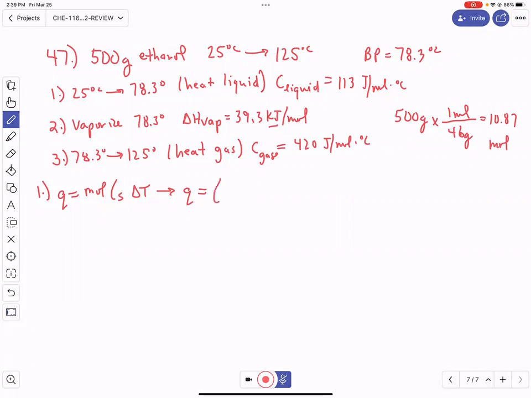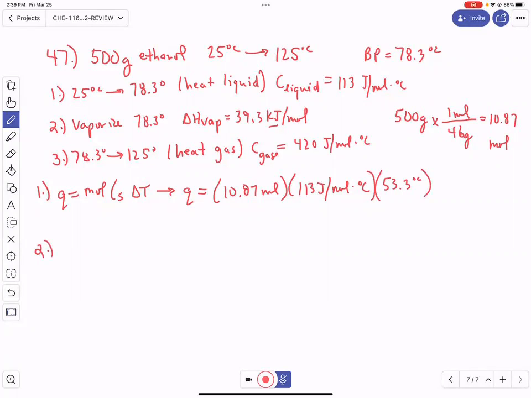So 10.87 moles. The heat capacity is 113 joules per mole degrees Celsius. My delta T, I'm going from 25 to 78.3. So my delta T is 53.3 degrees Celsius.